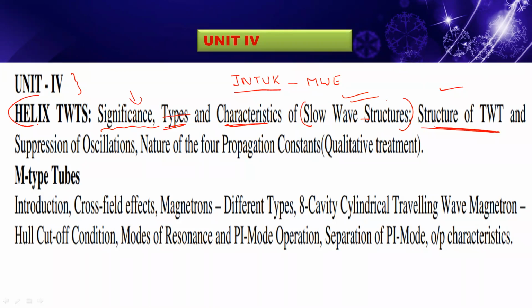Briefly, the helix traveling wave tube, the suppression of oscillations, and the nature of propagation constants. Only qualitative treatment. So that is unit number 4, part 1.